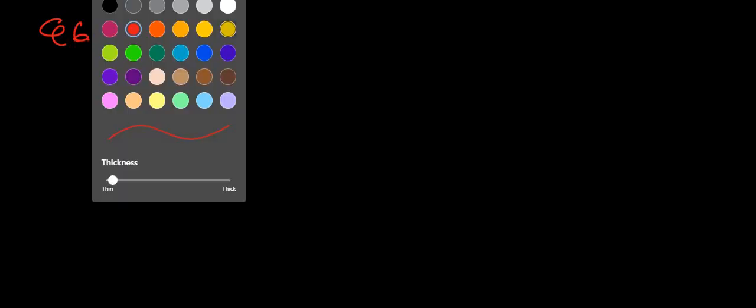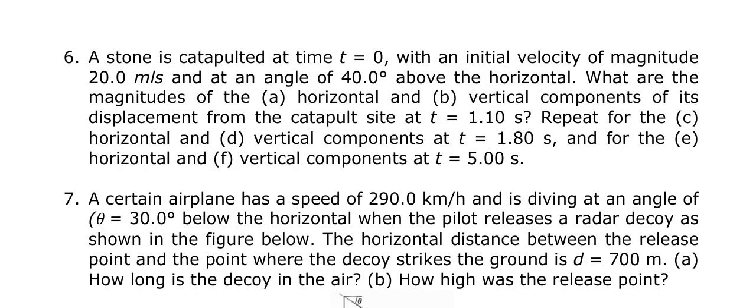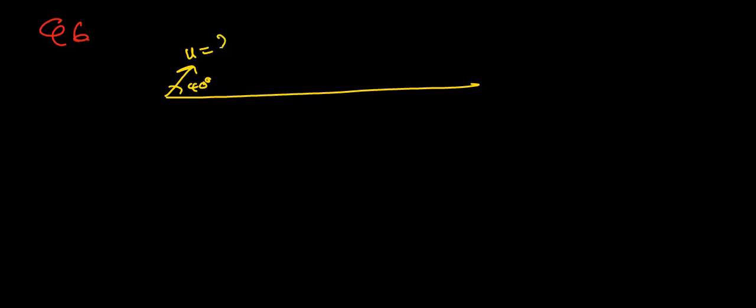So this is question number 6. They are saying this thing is catapulted at an angle which is 40 degrees. The velocity is given to be 20 meters per second.